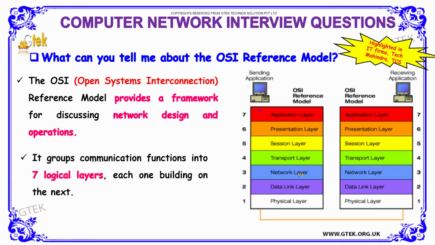And those layers include your physical layer, data link layer, network layer, transport layer, session layer, presentation layer and application layer. So 2 nodes which are connected will have these layers to be traversed in order for an application to be processed.